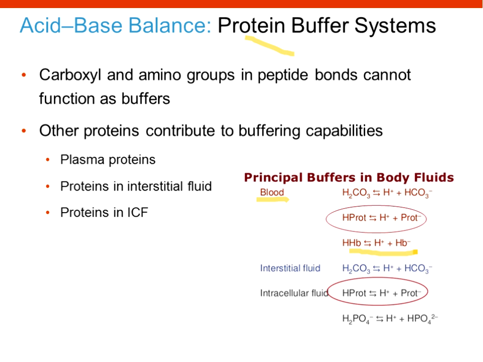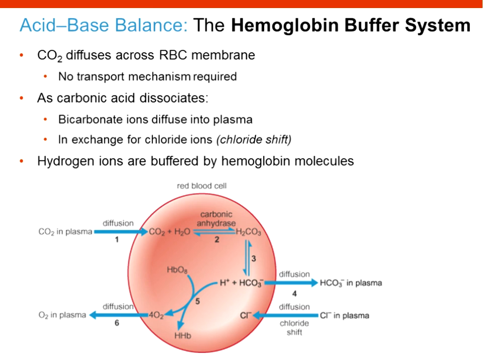But you also find proteins in intracellular fluids because proteins are found inside cells. And so this protein buffer system is in both places, both helping us inside the cells and helping us outside the cells. Okay. All right, the hemoglobin buffer system, where is hemoglobin found? In red blood cells. Where are red blood cells found? Only in the plasma.